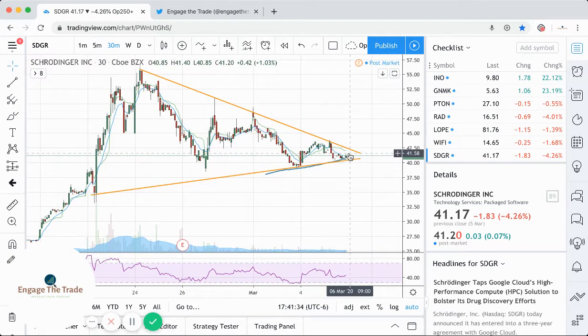opportunity for strangles. I think the options are monthly though, so you probably want to do a straddle at 40 instead of trying strangles, but it's not terrible to try a 45 strangle and a 35 strangle, or sorry, 45 call, 35 put here.